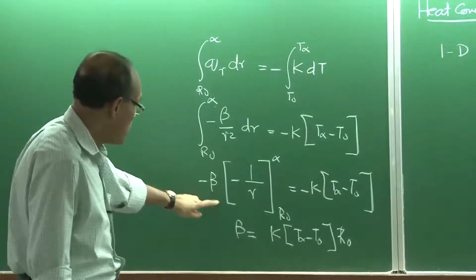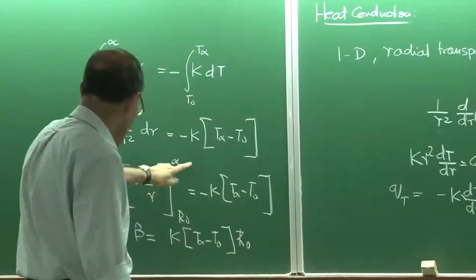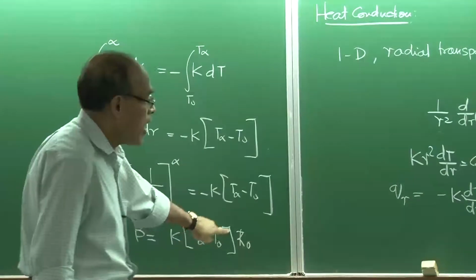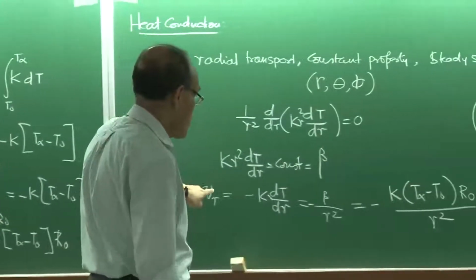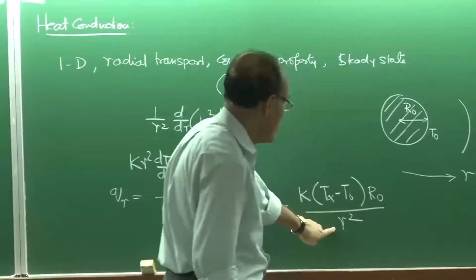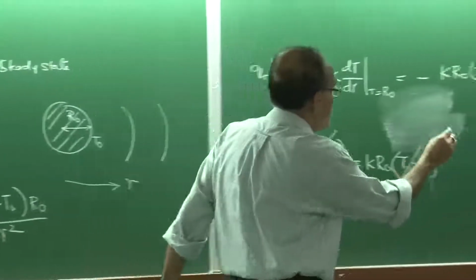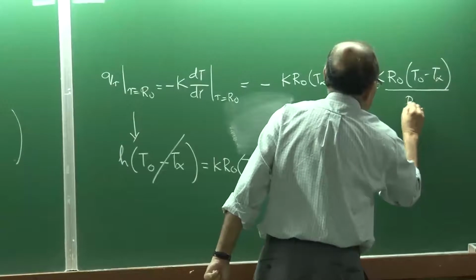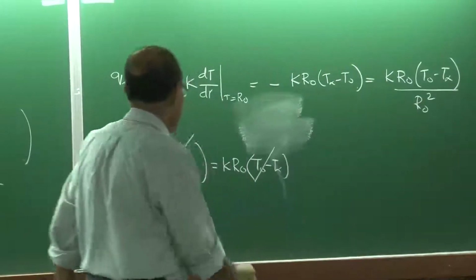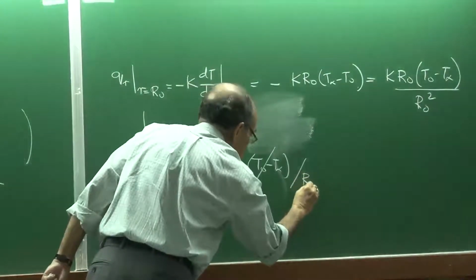So, this is beta, and this r is going to go here. So, this is r 0, and this is going to be q r. So, this is r 0 divided by r 0 squared. Yes, so therefore, we can say that this is r 0 squared.